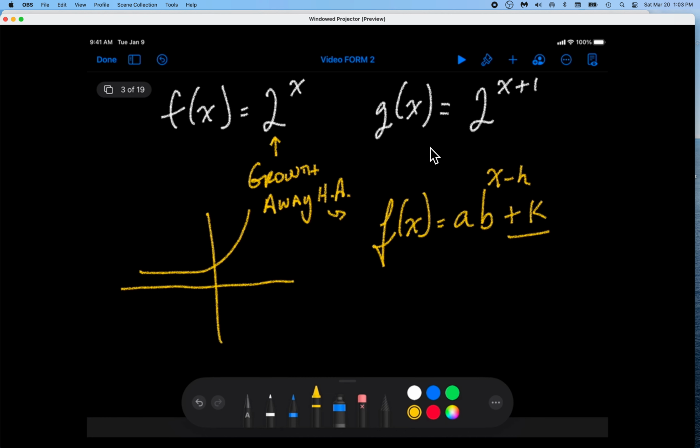Now as we look at g of x, everything that we just said is true, and in addition this g of x is going to be shifted in the horizontal direction. You see this negative in the generic equation.